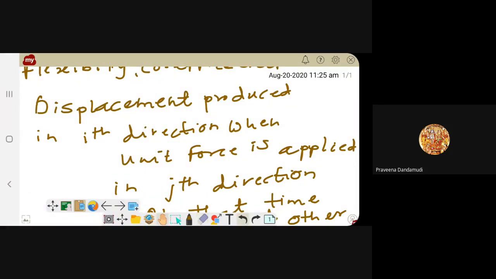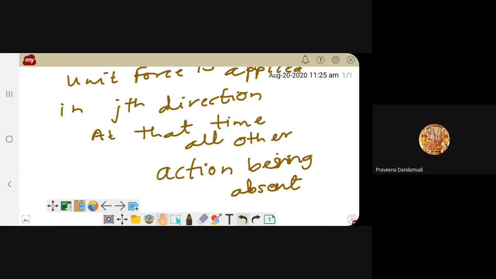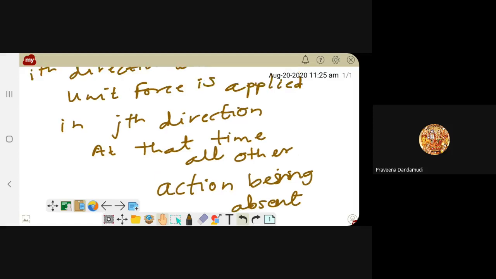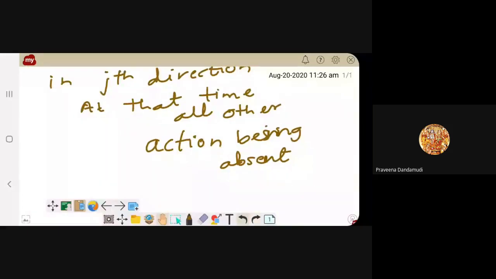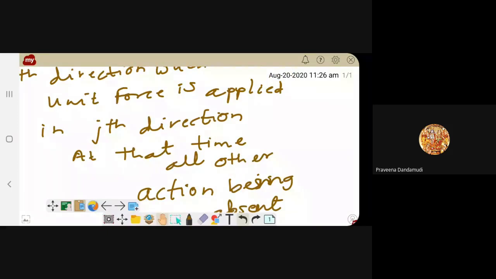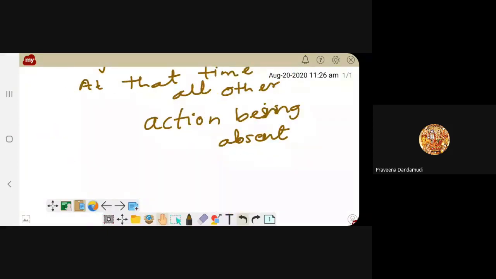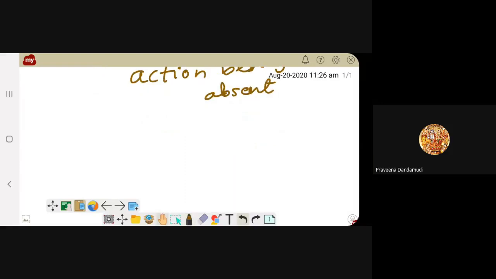So it is quite simple to understand, because the comparison itself tells you the difference between flexibility and stiffness matrix. This is the definition of flexibility coefficient. How will you write it? For simplicity, we'll consider flexibility coefficient F equal to Fij.